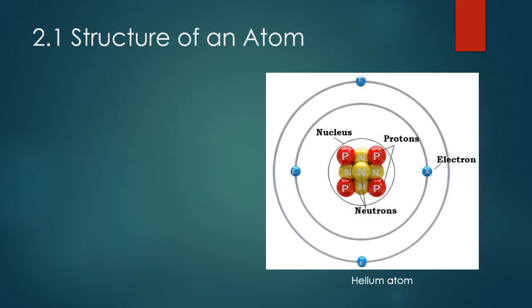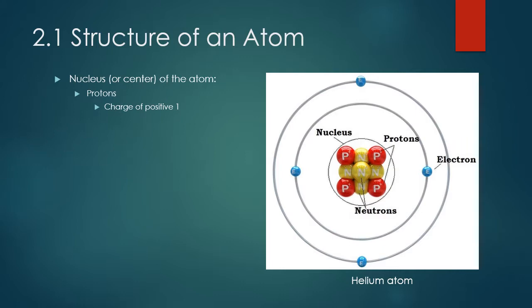Let's look at the structure of an atom in a little bit more detail. First off, the nucleus, or the center of the atom, is this area here, and we have particles in the center that are very densely packed together. The particles in the center are these little P's, which stand for protons.